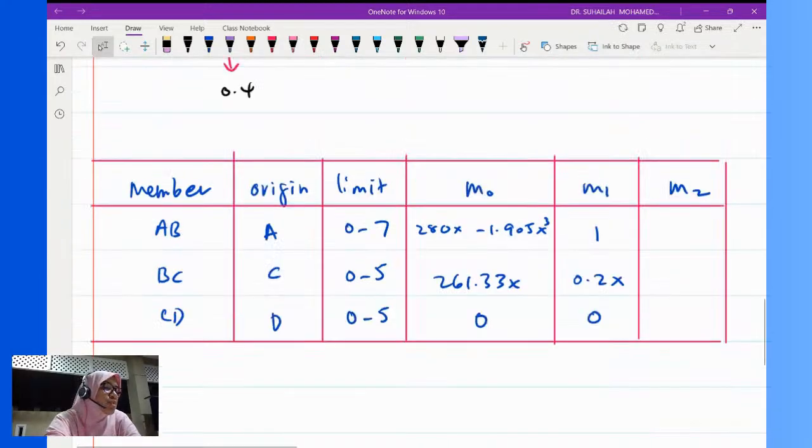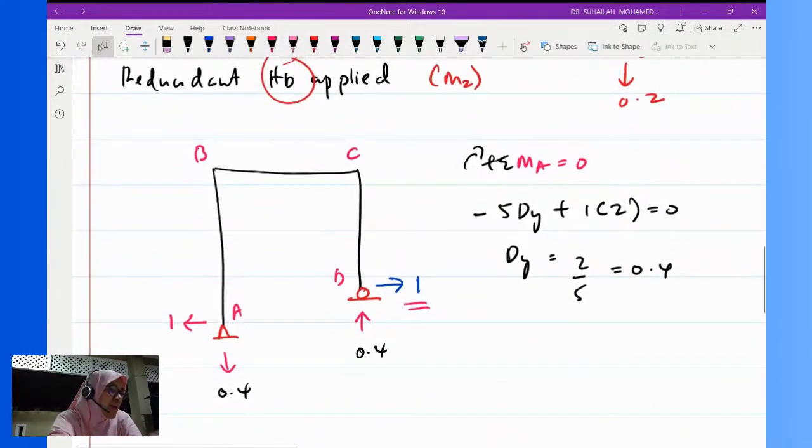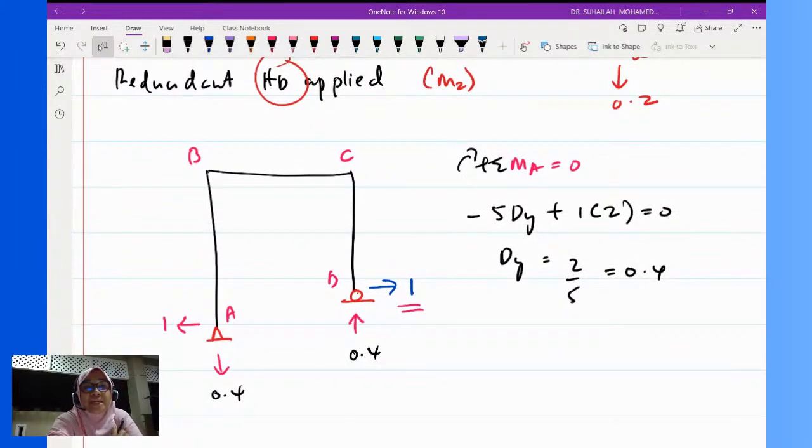Okay, next, we move to M2. M2, we take from redundant HD applied. Cutting section, moment equation, the moment direction.